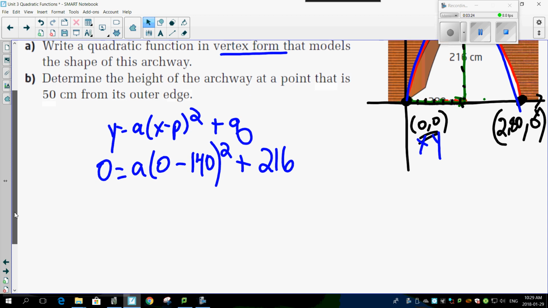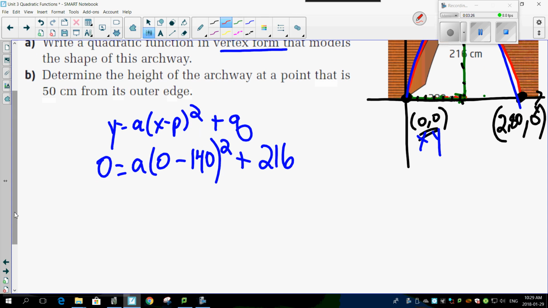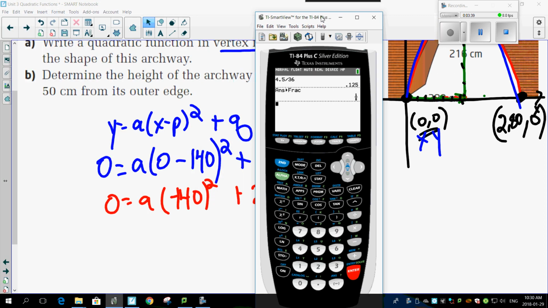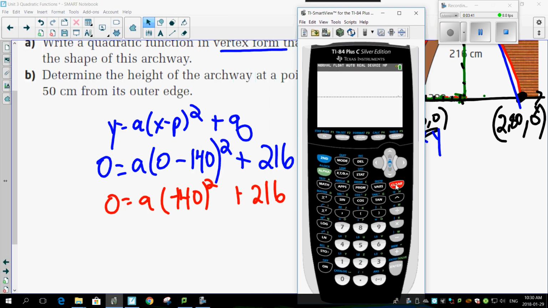All right, here we go. 0 = a(140 - 140)² + 216. Okay, let's bring up the calculator and let's figure out what that value is. Okay, so let me drag this over here, clear this out of here, boom. So bracket minus 140, bracket, don't forget, if you have a negative and you're squaring it, it has to be in brackets, squared, okay, plus 216.